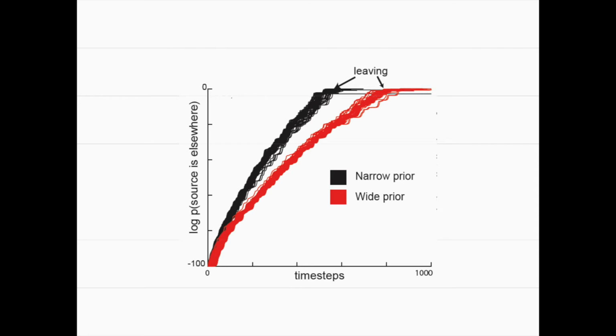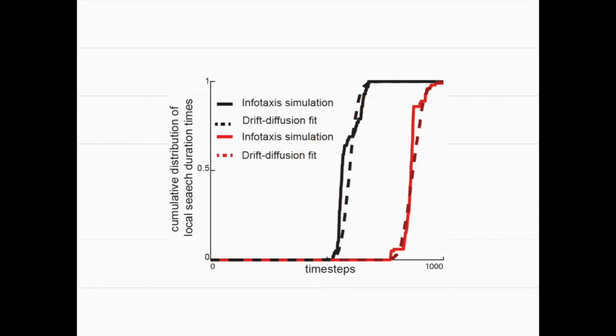If they were raised on a wider distribution, the prediction is that they should be searching for longer. And that is actually observed experimentally.